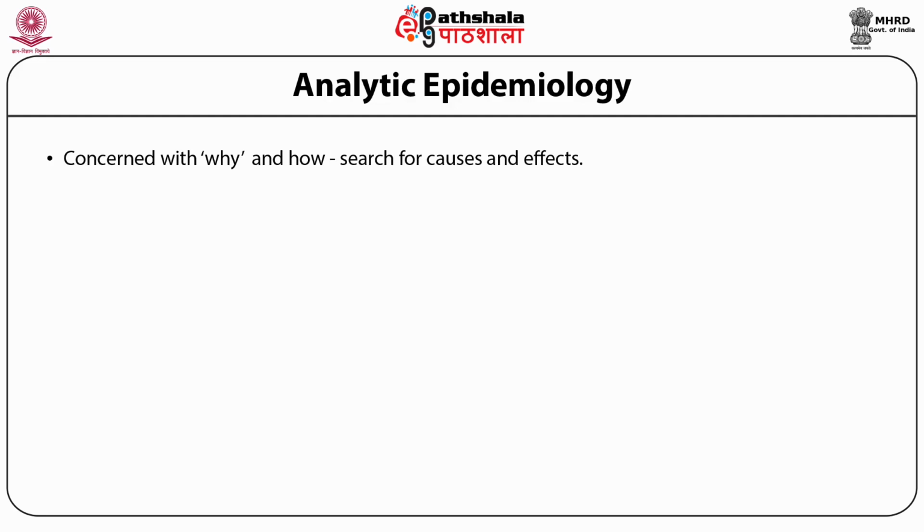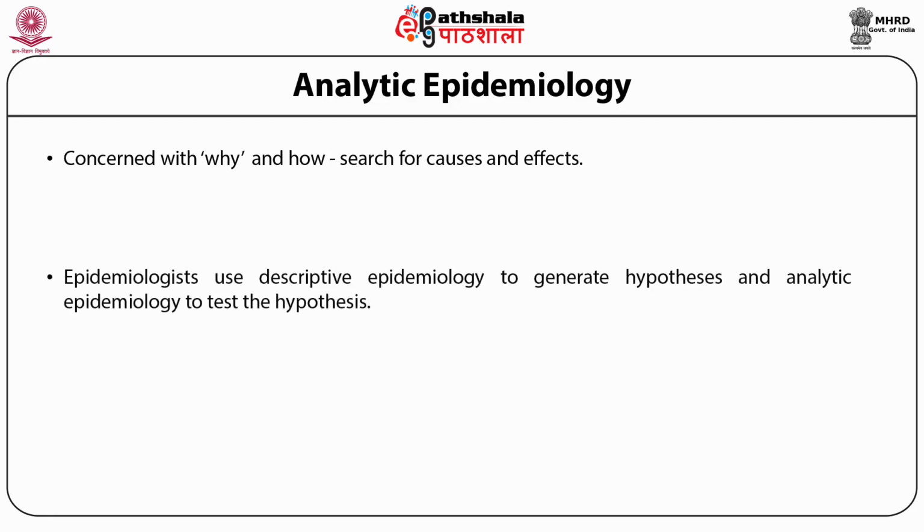As mentioned earlier, descriptive epidemiology can identify patterns among cases in populations by time, place, and person. Epidemiologists use descriptive epidemiology to generate hypotheses and analytic epidemiology to test the hypothesis. The key feature of analytic epidemiology is a comparison group.